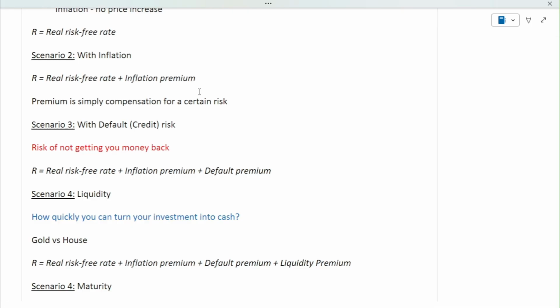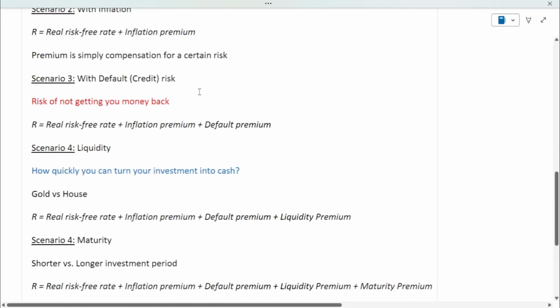If you take a risk, you want to be compensated for that risk. In the third scenario, let's introduce default risk here, meaning risk of not getting your money back. With default risk introduced, our interest rate should reflect that premium as well. So the formula improves to be here, real risk-free rate plus inflation premium plus default premium.